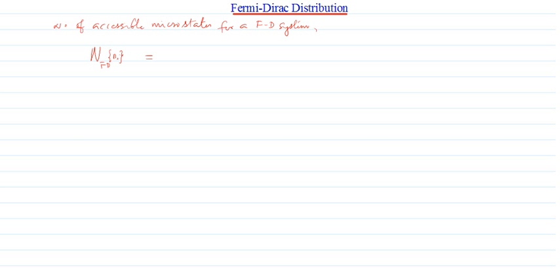We obtained it: W equals the product over i of gi factorial divided by ni factorial into (gi minus ni) factorial. So this was equation number 8 that we derived in the penultimate lecture. Let me call this equation number 1 for the time being.